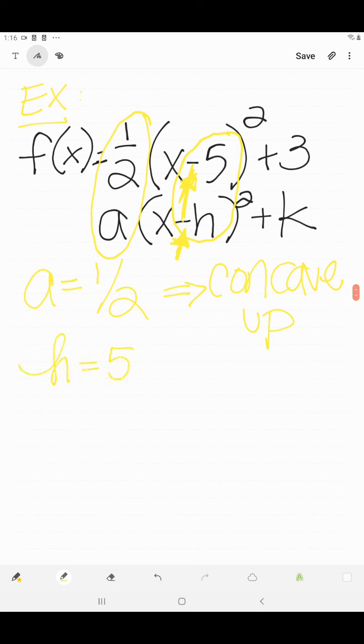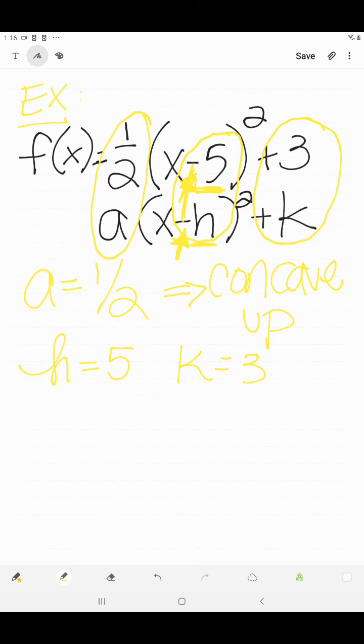K, on the other hand, is what you get. K in this case is positive 3. Again, h is opposite what's given. It seems like it would be negative 5, but it is opposite, and for that reason it is positive 5.